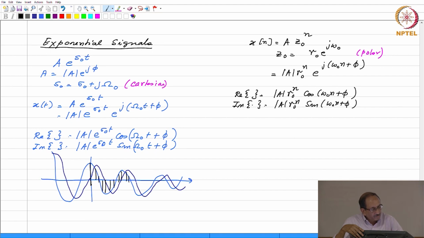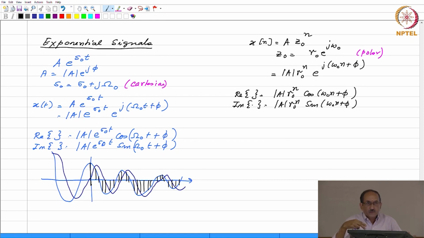So, this is the so called stem plot, right. The independent axis will be n, and then you will plot the samples of x of n, real part versus n, imaginary part versus n. So, looks like these two are very, very similar. One after all seems to be taking sample values of the other.